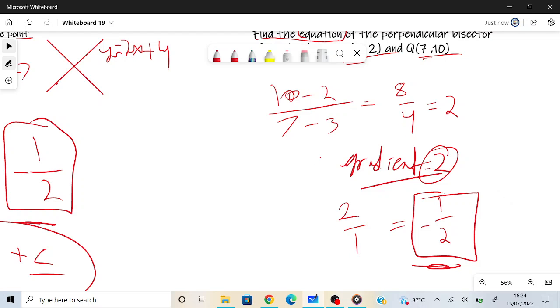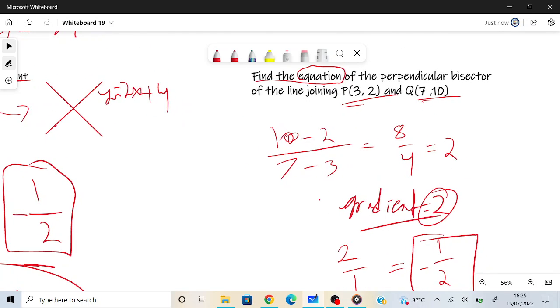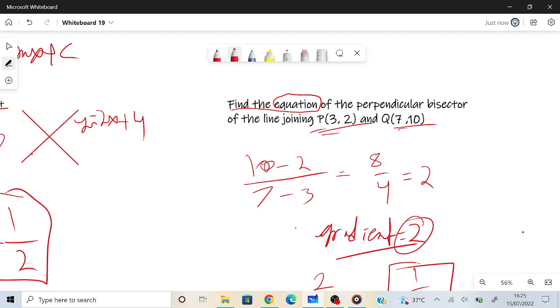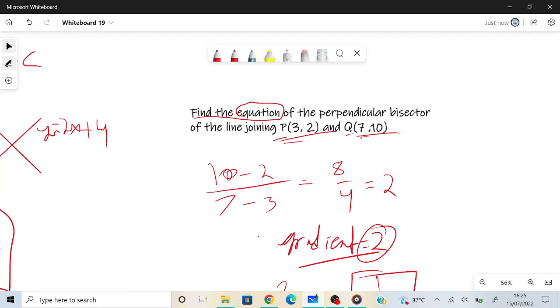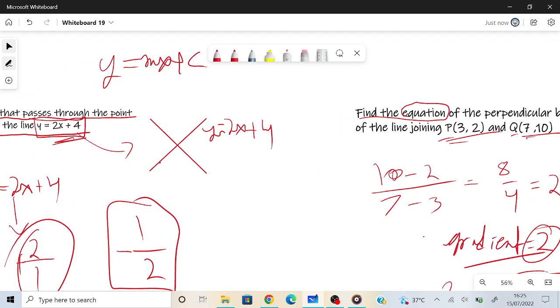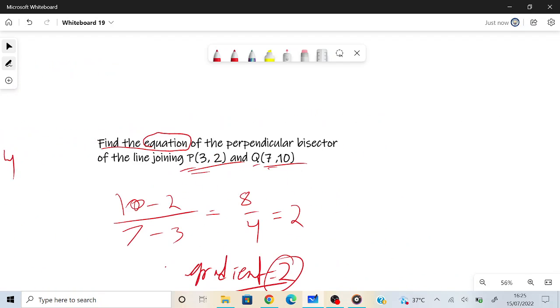Now, because we do not have the equation of the line PQ, we need to find the midpoint. As I said earlier in this video, when you're told to find the equation of a line and you're not given the other equation, which in this case is y equals 2x plus 4, we need to find the midpoint.